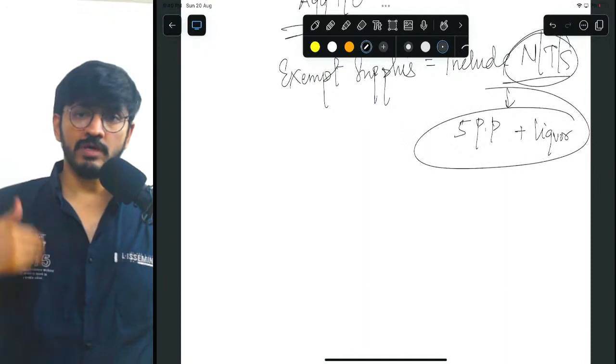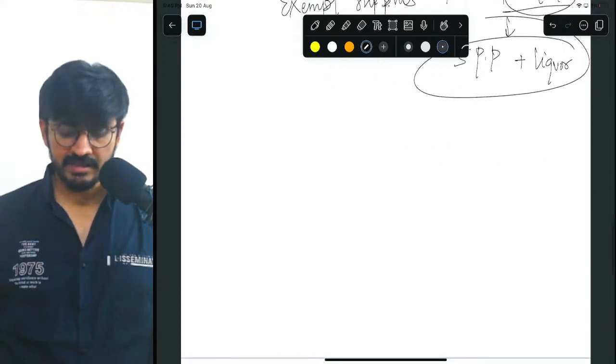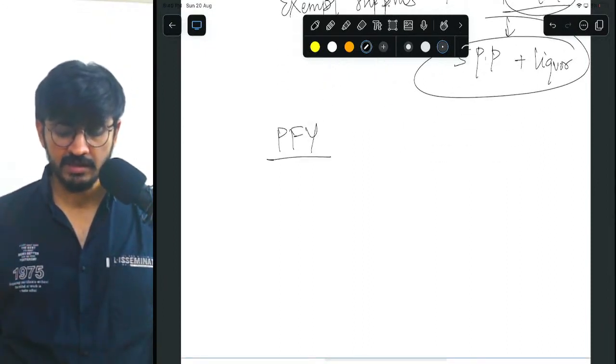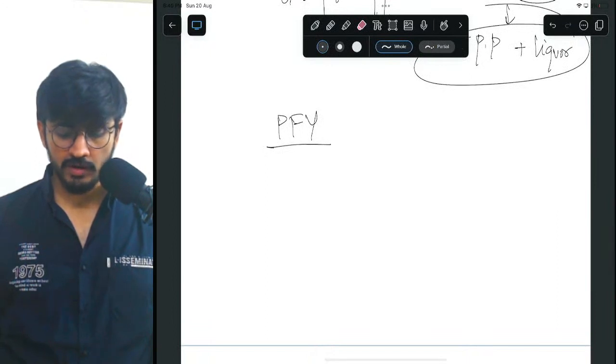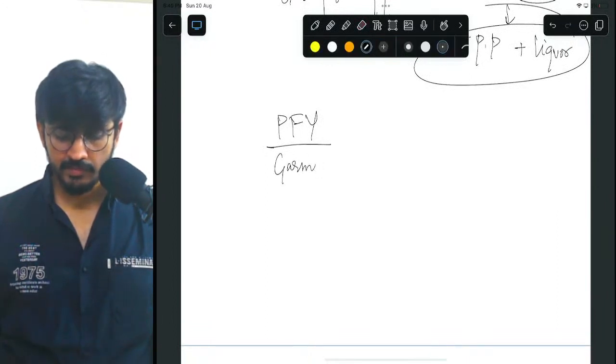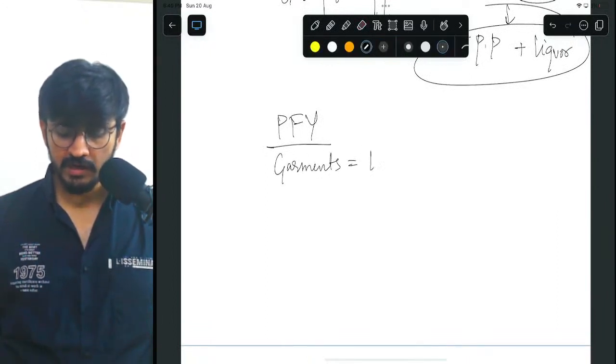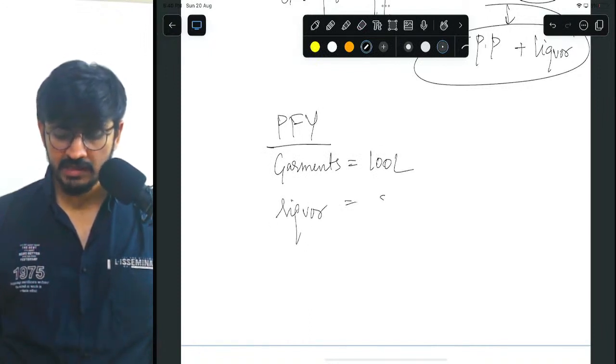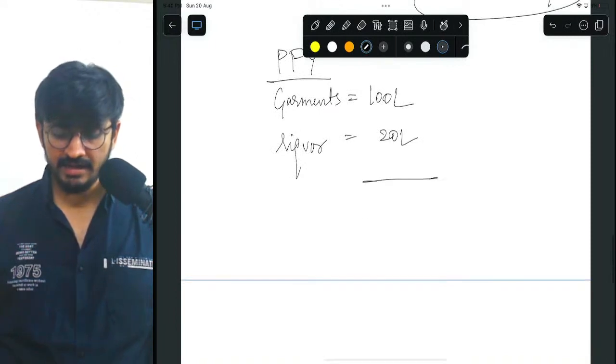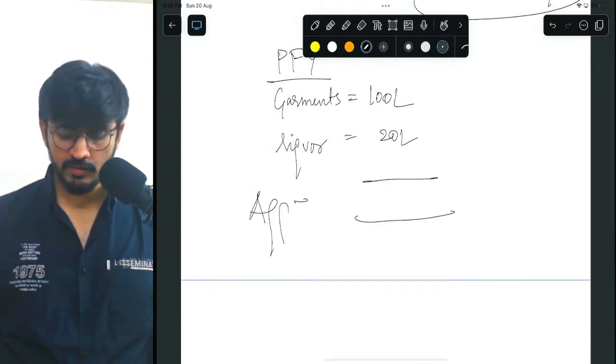So let's say in the preceding financial year you have sold garments worth rupees 100 lakhs and liquor worth rupees 20 lakhs. Then the aggregate turnover will be 120 lakhs.